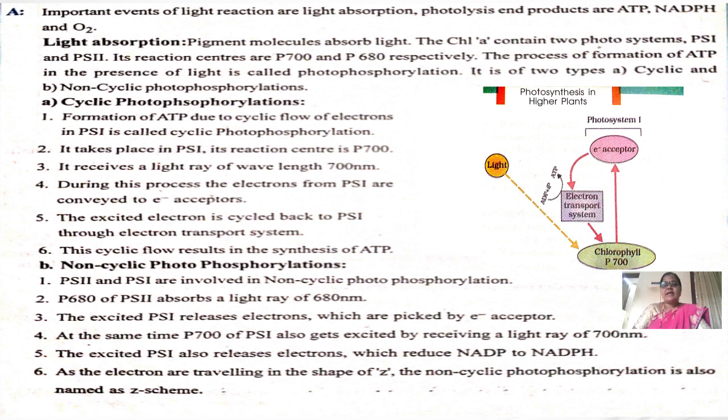These electrons are supplied to photosystem 1. Here, in the first step, the electrons are removed from photosystem 1, right?